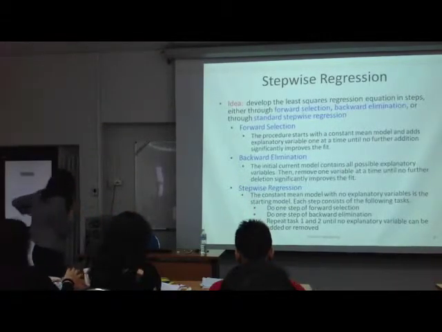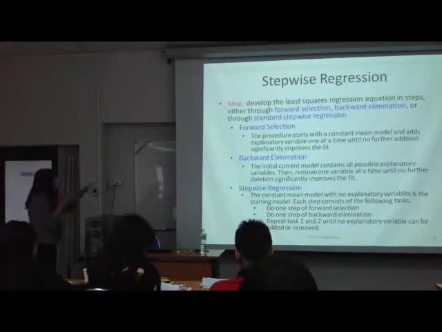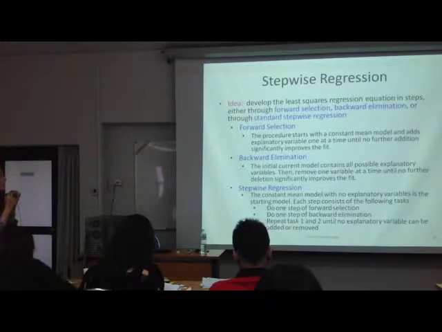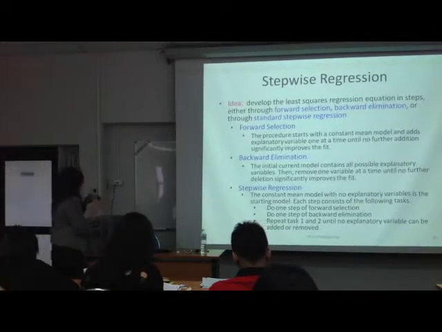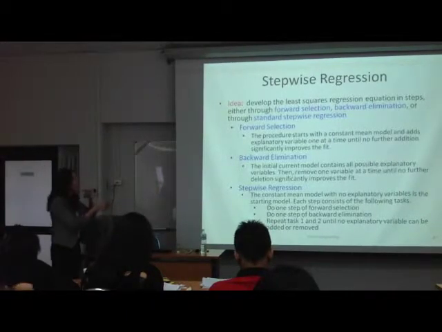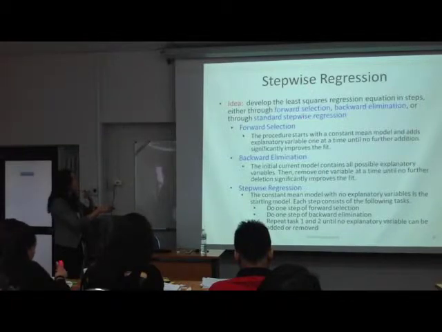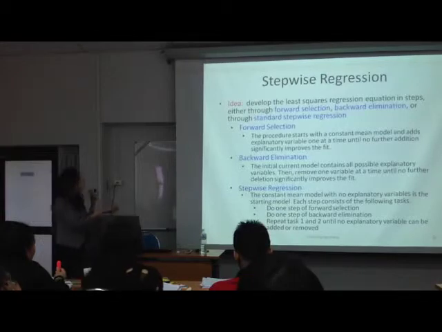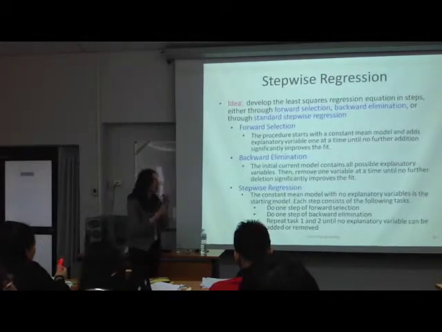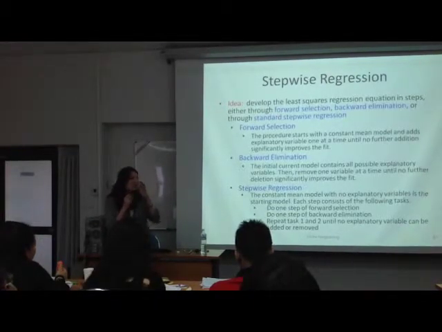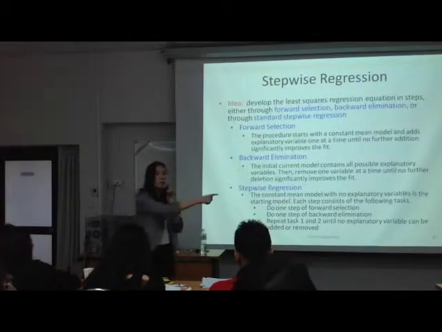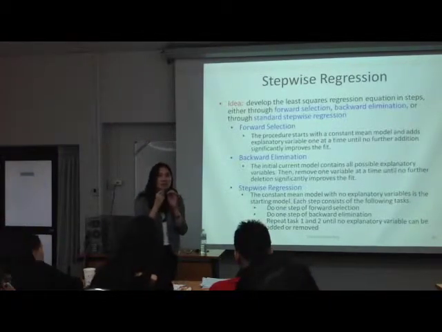Okay. Stepwise is easier to select variables. And we have forward selection, backward selection, and standard stepwise regression. When we talk about forward selection, it means that first of all, we fit the model with no x variable at all in the model.